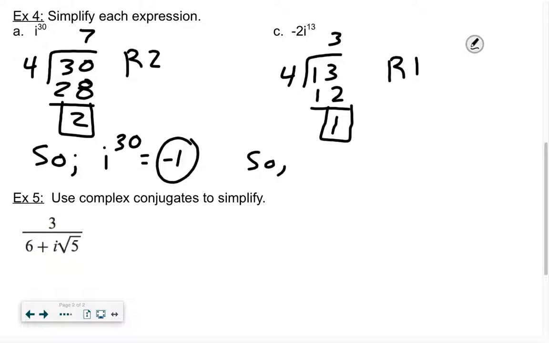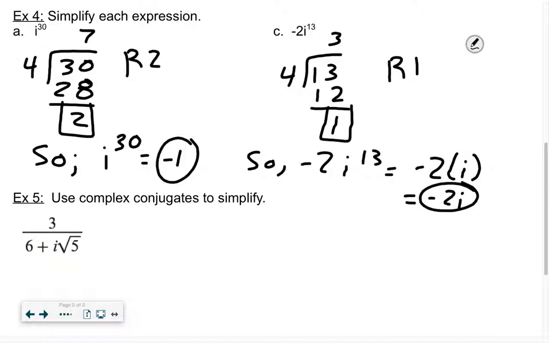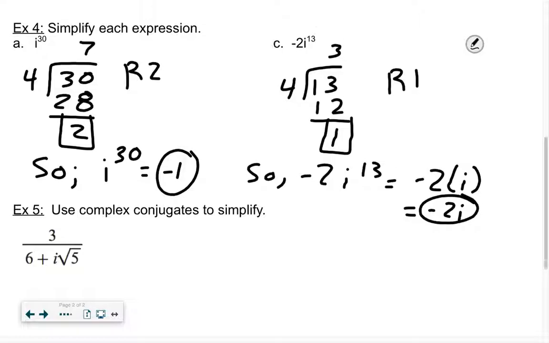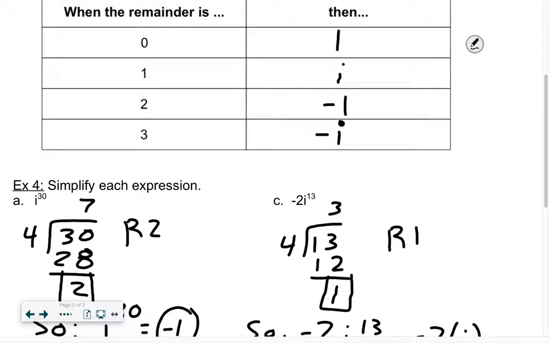So, negative 2i to the 13th. The negative 2 we said we'd leave alone. We substitute i in for that i to the 13th. So negative 2i to the 13th is no more than just negative 2i. Making sense? It's just taking the value on the right side of the column and plugging it in for that i to whatever power.